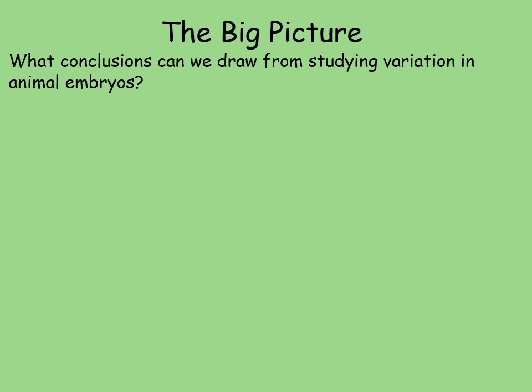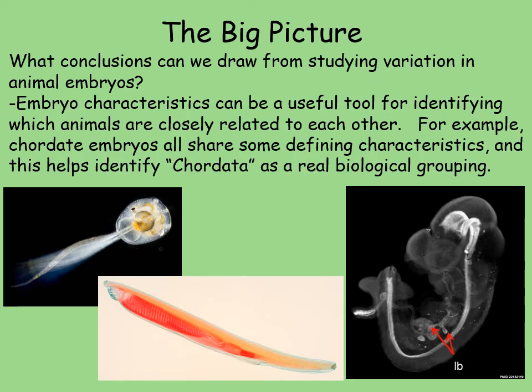So now let's talk about the big picture. What important conclusions can we draw from studying these similarities and differences between animal embryos? One general conclusion is that looking at embryo characteristics can be a useful tool for identifying which animals are closely related to each other. It's not perfect, as I said before, but embryos tend to evolve slower and less severely than traits associated with adults.